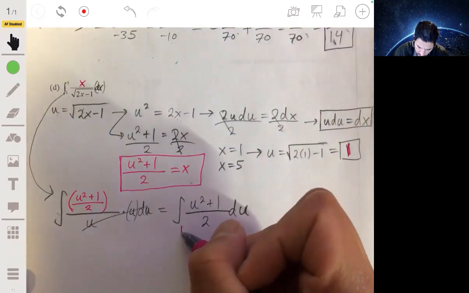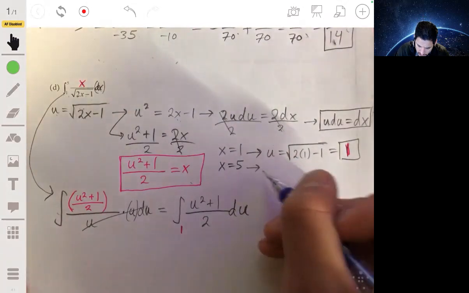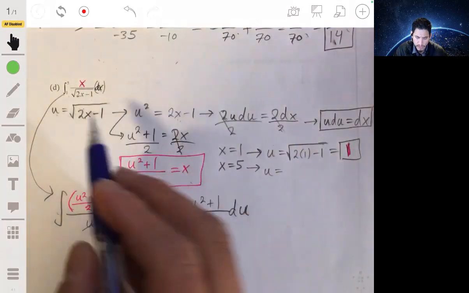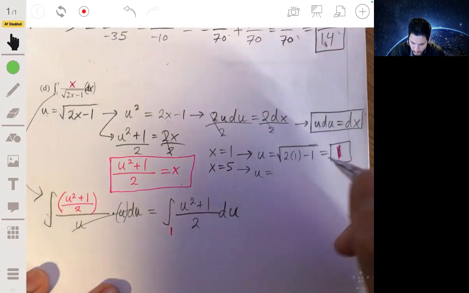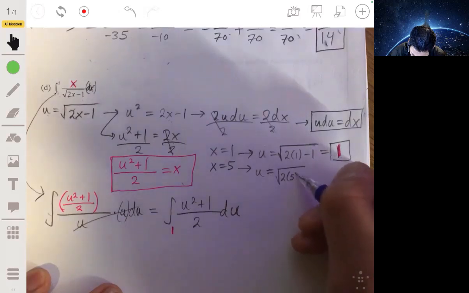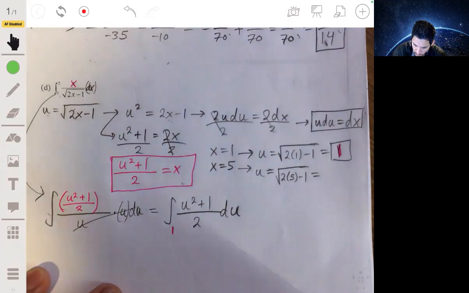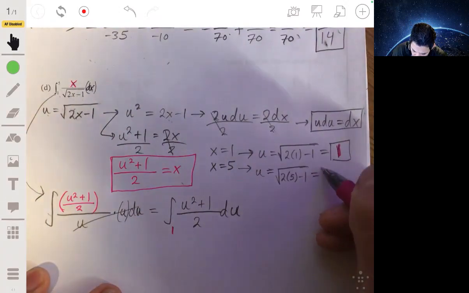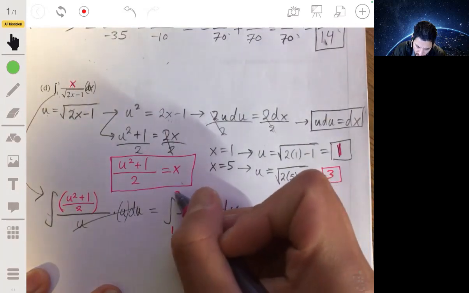So coincidentally, it'll be the same thing. And when x is 5, u will be the square root of 2 times 5 minus 1. So u will be the square root of 9, and that will be 3. So our endpoints just change from 1 and 5 to 1 and 3.